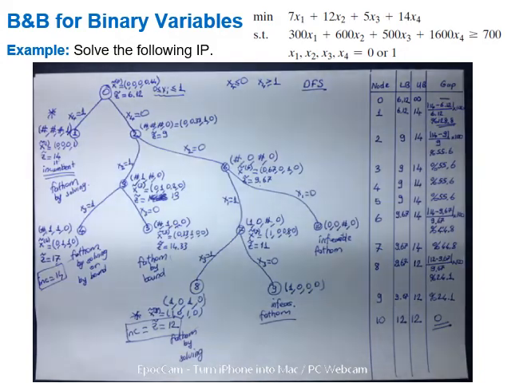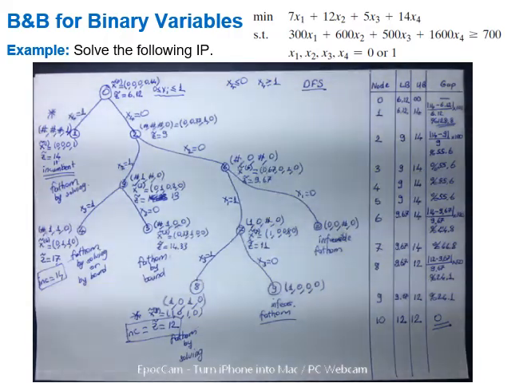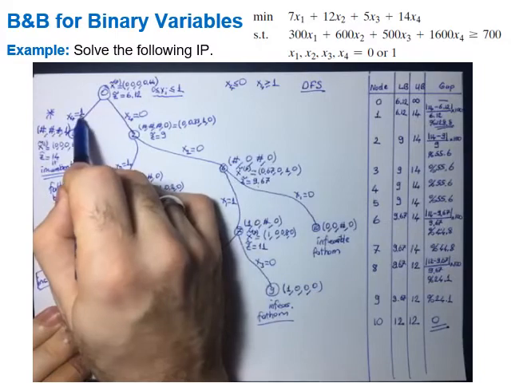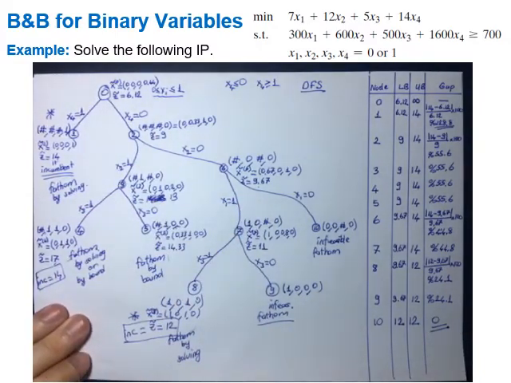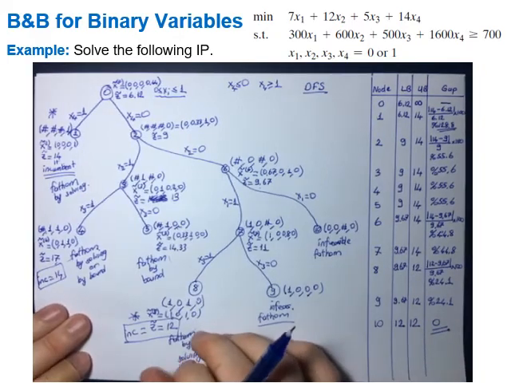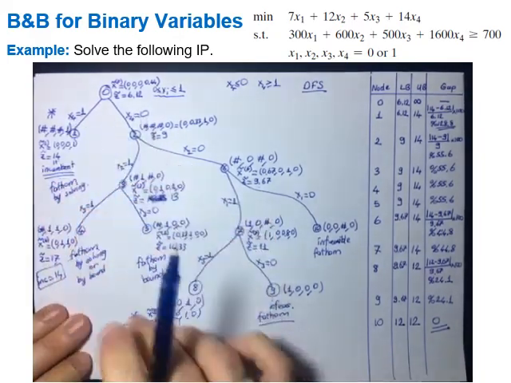This is a complete example of branch and bound for a binary program. The main difference from the previous case is that here we are fixing the values of decision variables. Instead of writing an inequality constraint, we are just fixing its value.